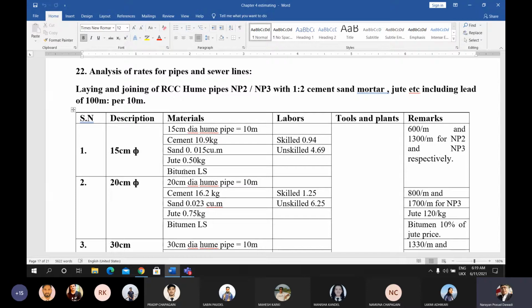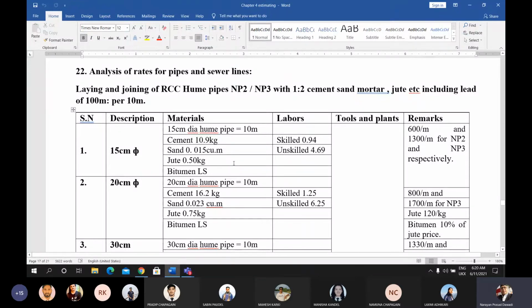Then they are joined, and from outside they are covered with the help of cement mortar plaster. Okay, and in this way we can join the RCC pipes.